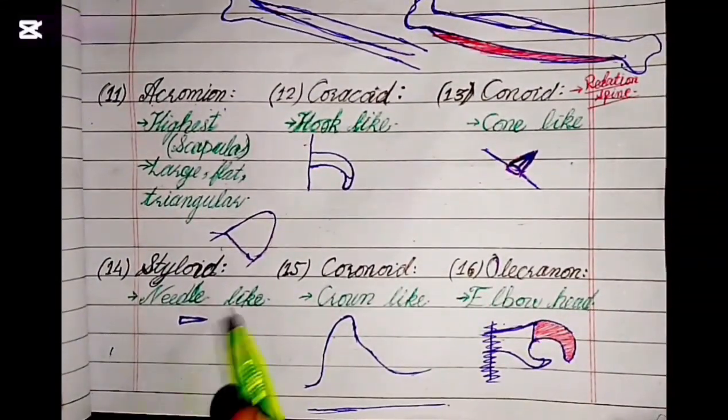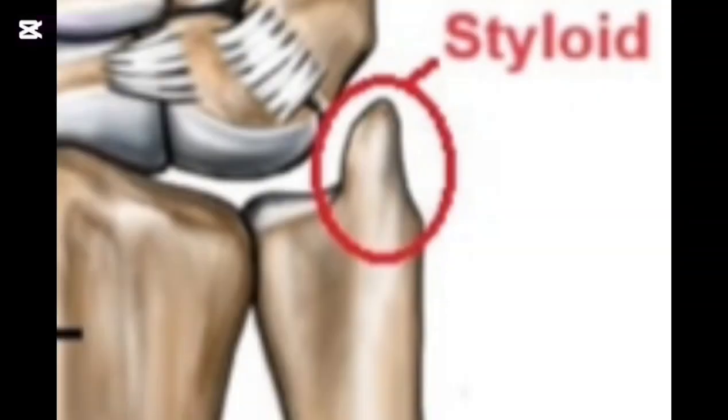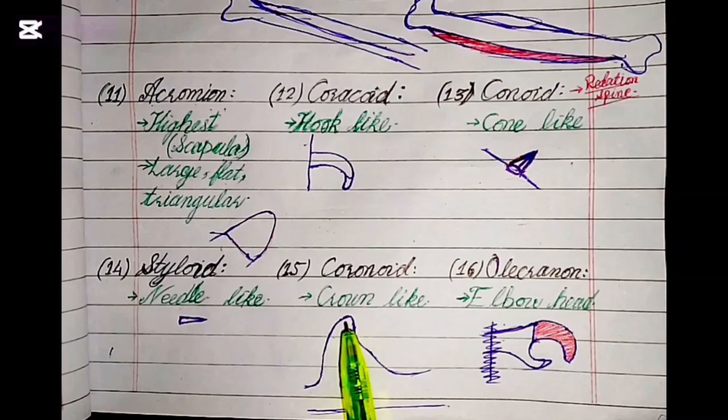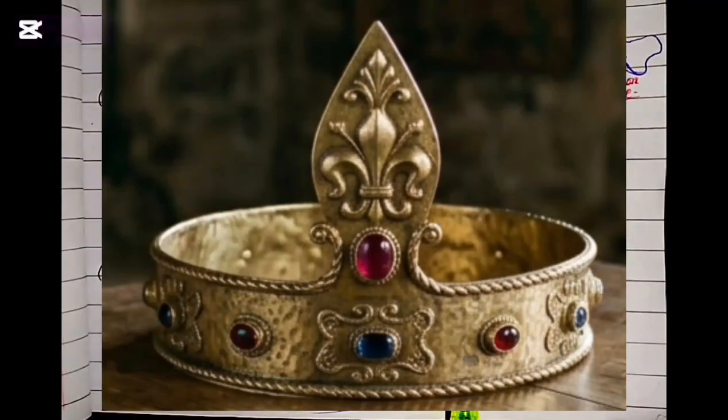Now look at styloid. Styloid is a word meaning needle-like. So it is a needle-like projection which is very thin. Then coronoid means crown-like. Look at the picture of the crown on the screen.